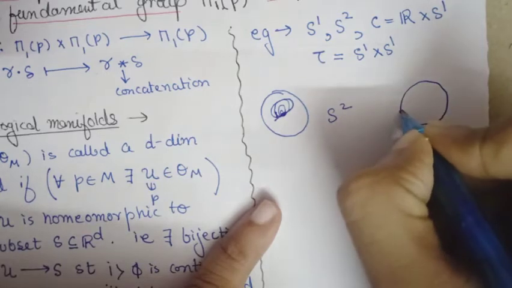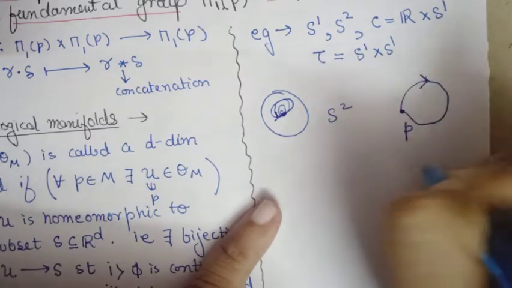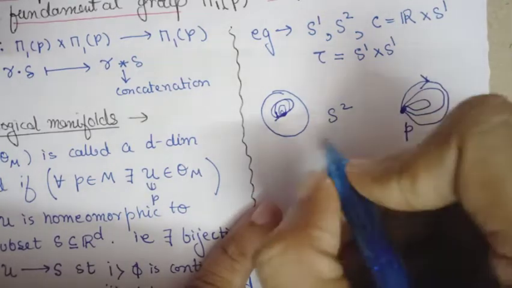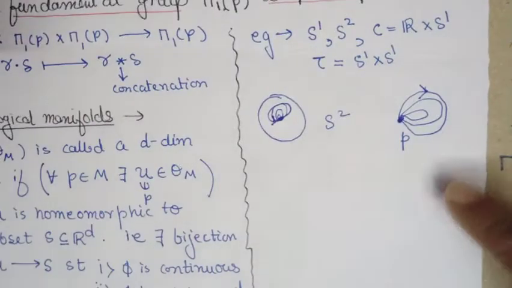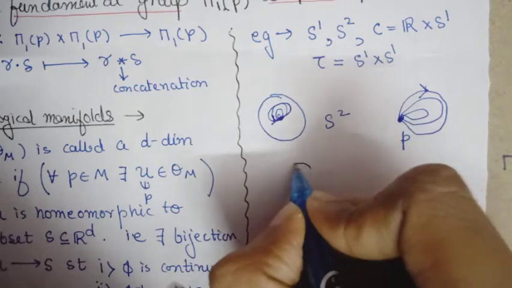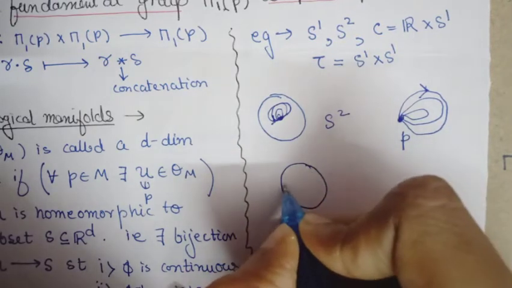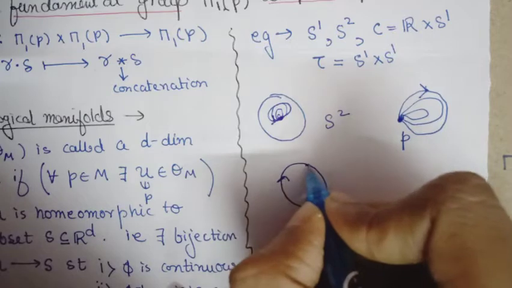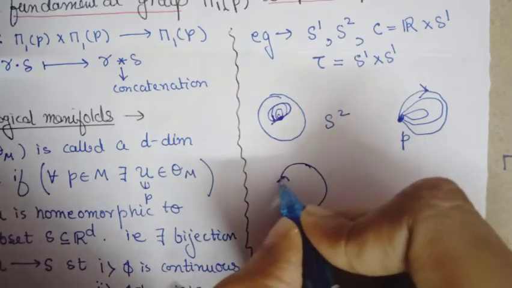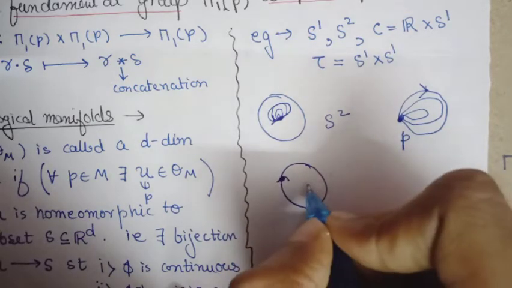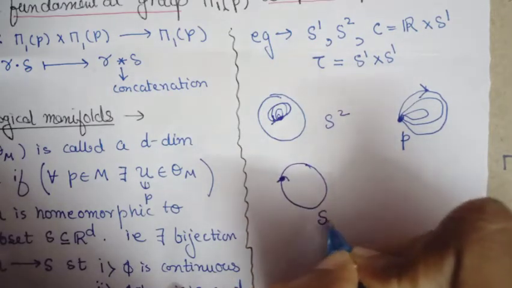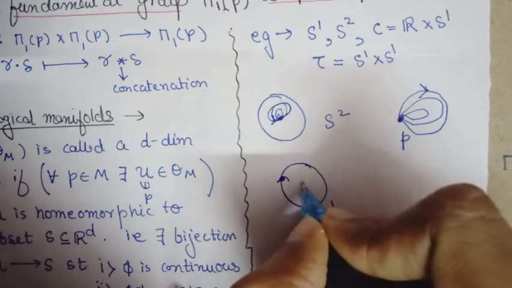And if you have any other curve on the sphere, any other loop on the sphere, you can always deform it and bring it to the point, but the same thing will not be possible in the case of a circle. If you have a circle that is S1, and if you go around the circle like this, then the space inside here is not a part of the manifold M. A circle is S1 with this space not there.